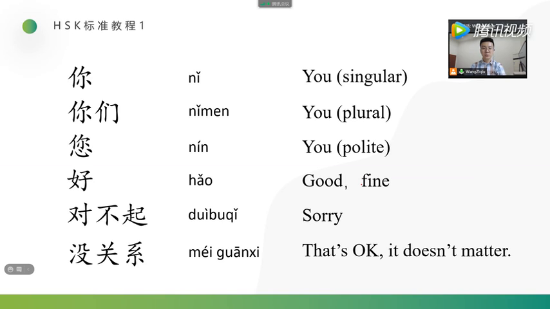Okay, these are new words we learned last time. Now, I deliver the pinyin. Can you read them? You can have a try.